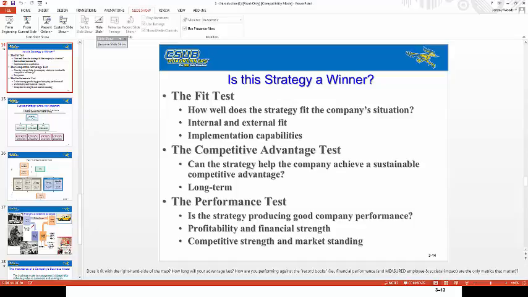And these things need to be measurable. If you can't measure it, then you can't study it. So those are the three things to think about when determining whether your strategy is really going to work long term or not.